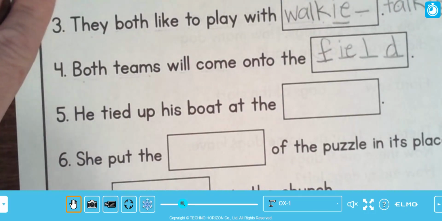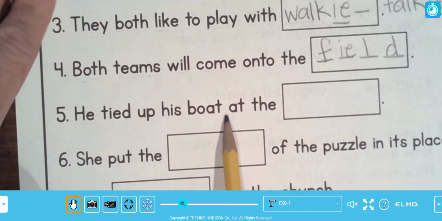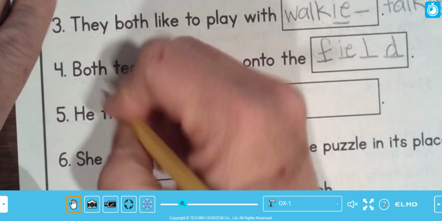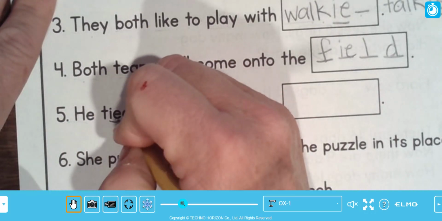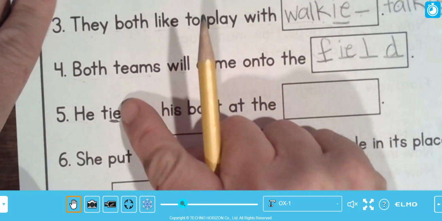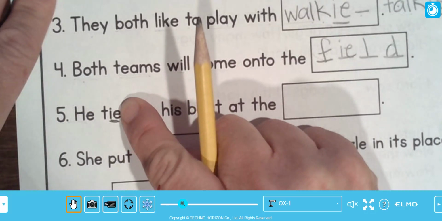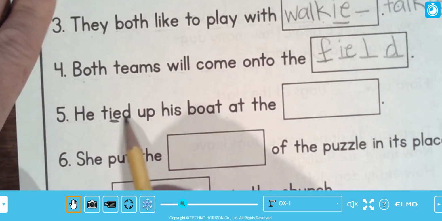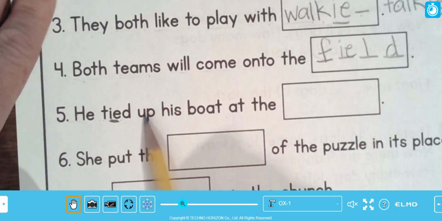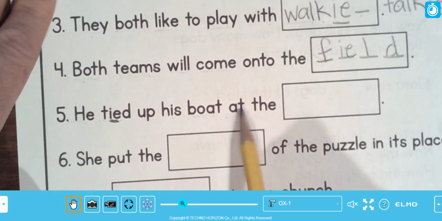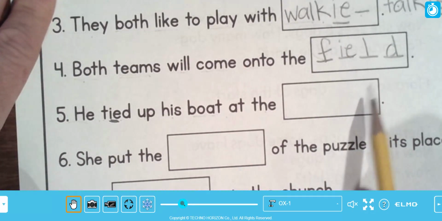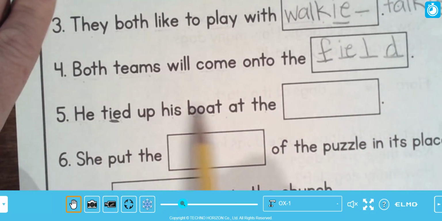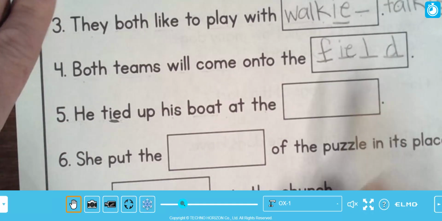Okay, let's do this one. Ready? Begin. He. Now this IE here has an I sound. Okay? Look. Has an I sound. Not an E sound. So let's read it. He tied up his boat at the blank. Let's read it again. He tied up his boat at the blank.